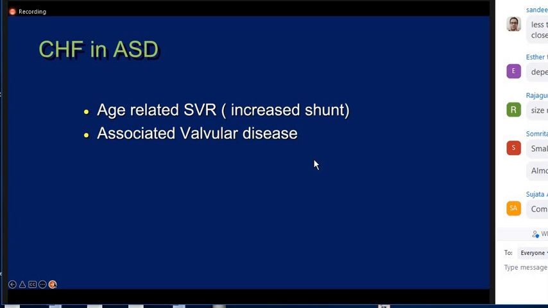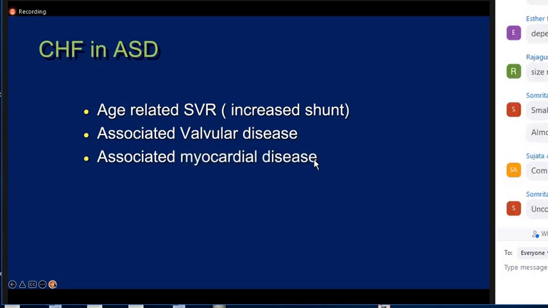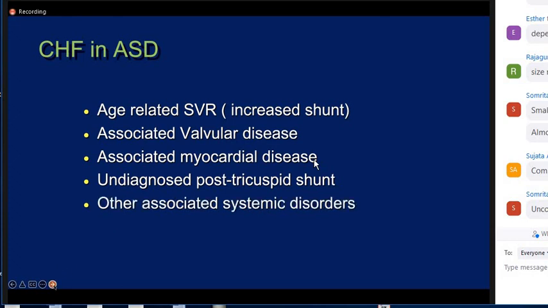Associated valvular disease, associated myocardial disease, and undiagnosed post-tricuspid shunt are all responsible for heart failure in the presence of atrial septal defect. You all should know this, as it is a common question asked in the examination.